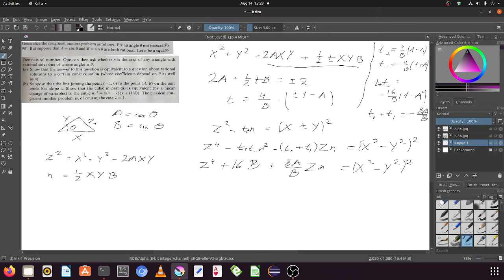This has dimension of area squared. A and B being numbers. Zn, this is area to the length to the third, length to the fourth. I don't like this.